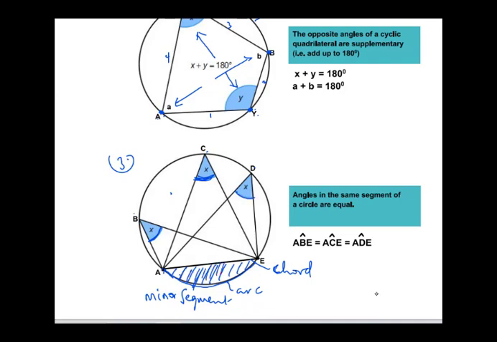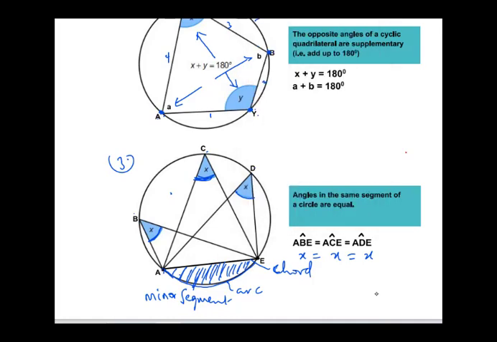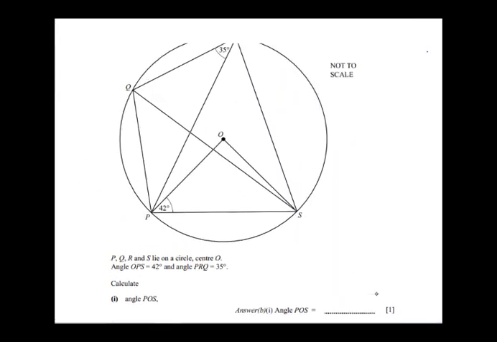Because they are seated on the same segment, they are the same. So x equals x equals x. Having said this, I think we can now go straight to the question so that we can solve it together. All right, so let me go back to the main question now.